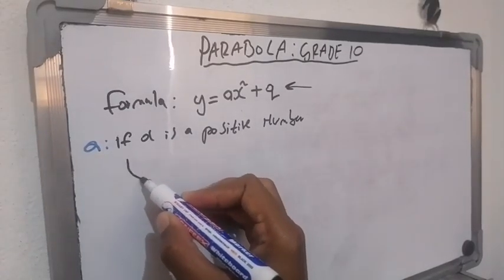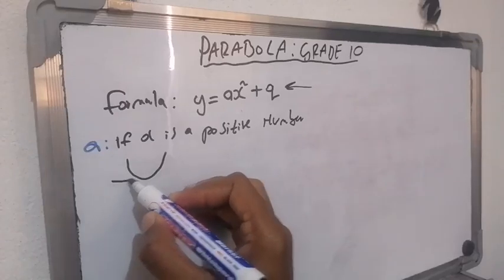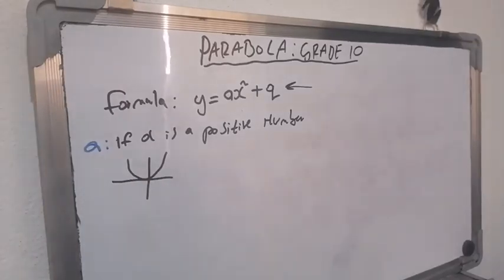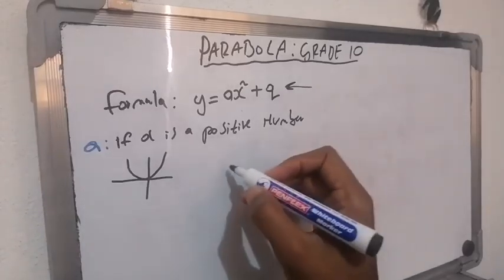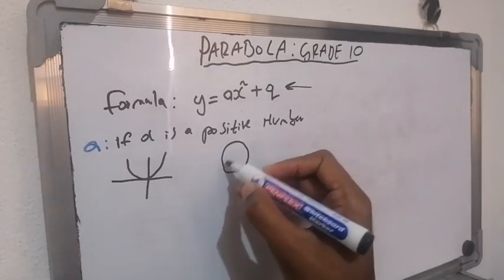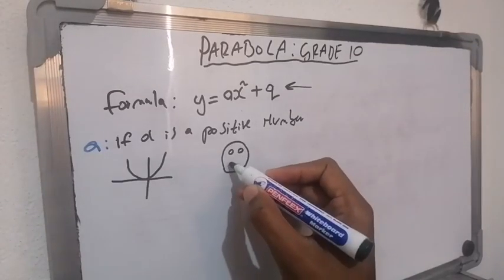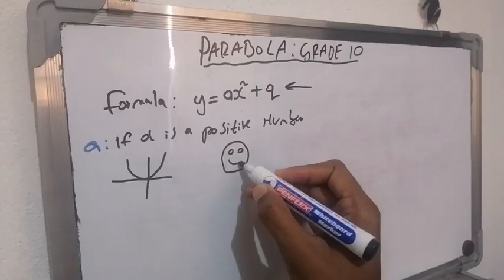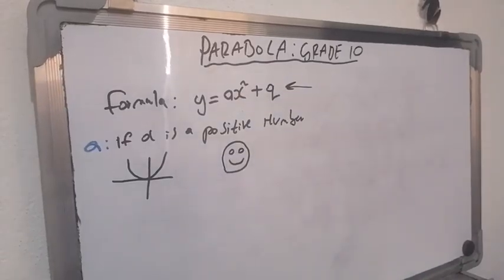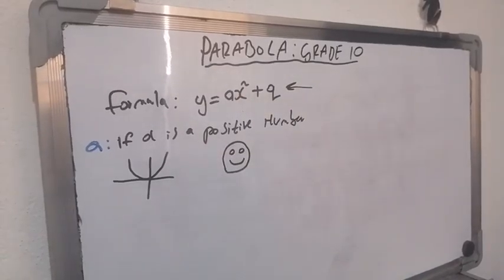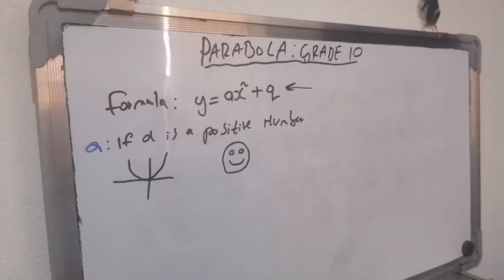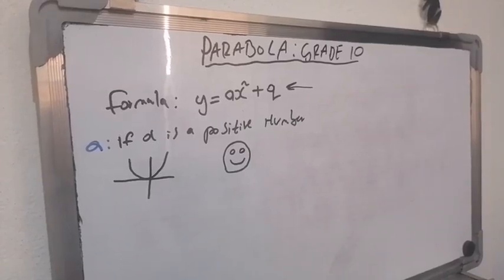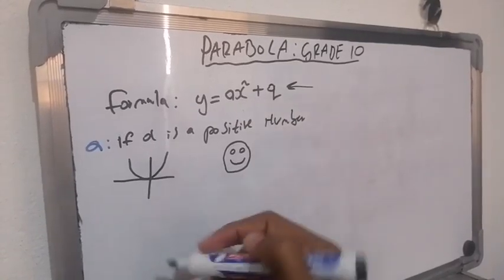It's going to be a smiley face. We say smiley face because if this little guy is going to smile, his mouth will be like that. So if a is positive, I have a smiley face graph.